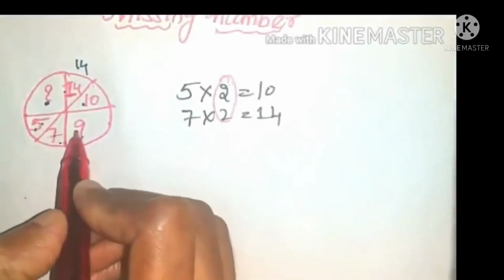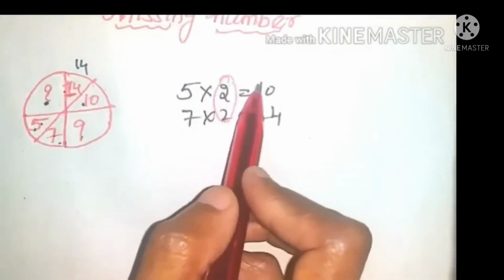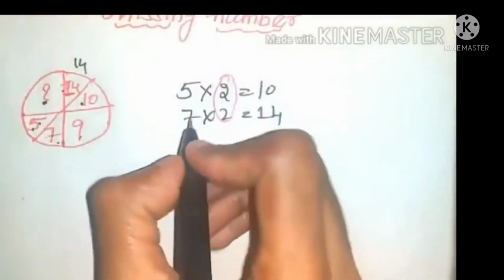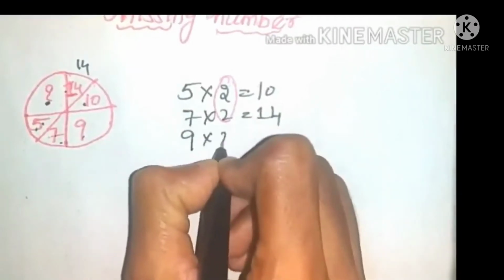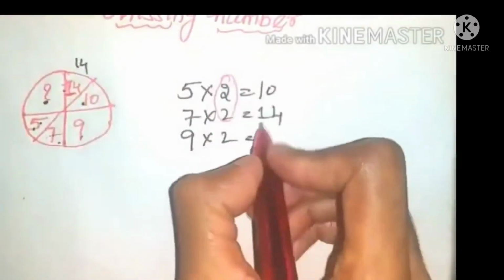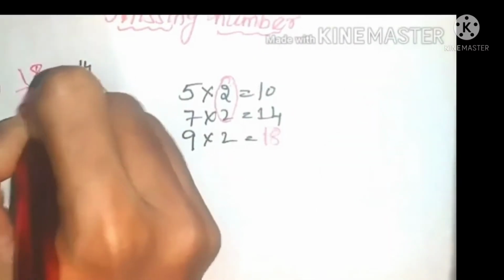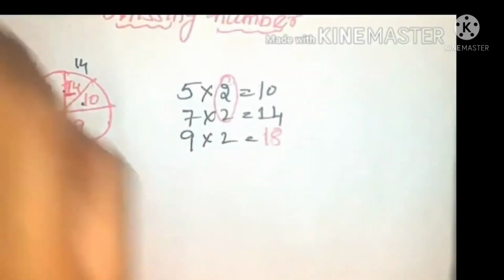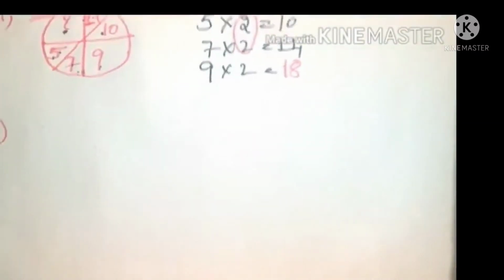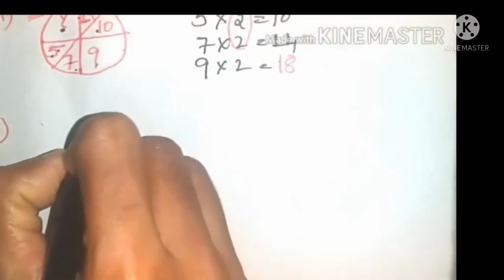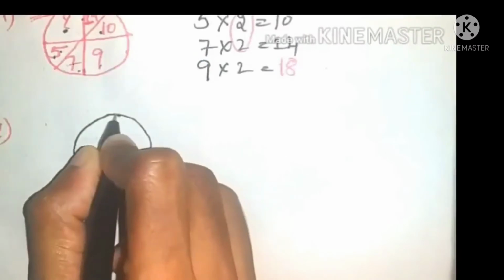The number which we are having here, we are multiplying that with 2 so that we are getting the answer. Now what we have to do? 9 into 2 is how much? 18. 18 is your answer. So the number which is missing here, what is the answer? 18. Yes? We'll go for the next question.